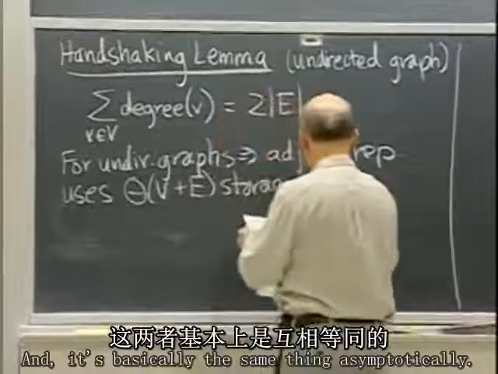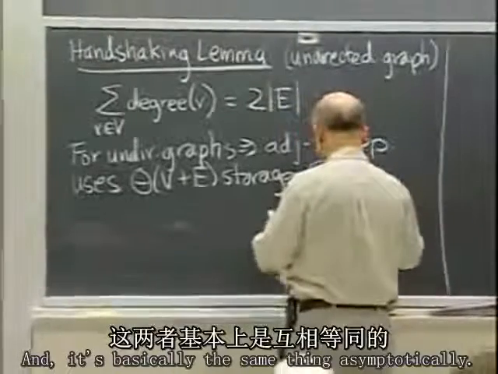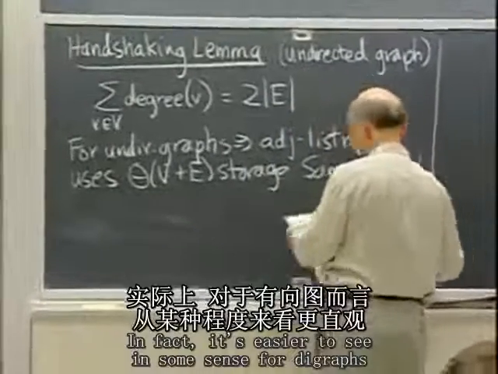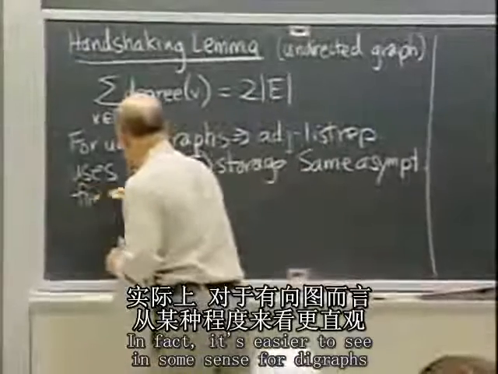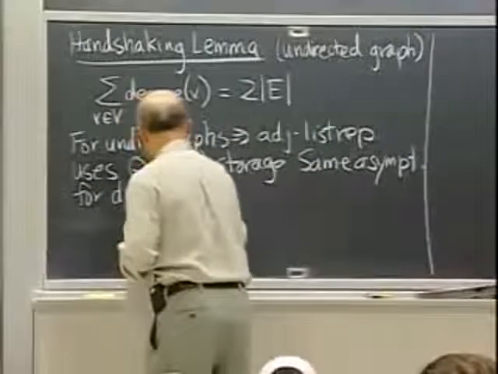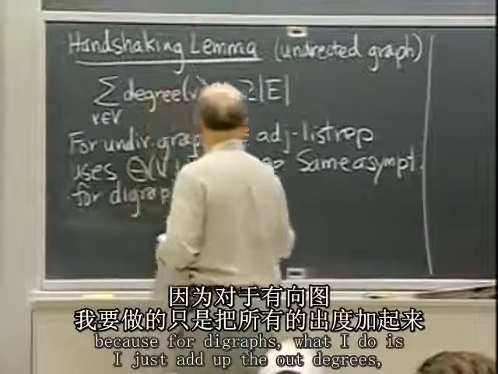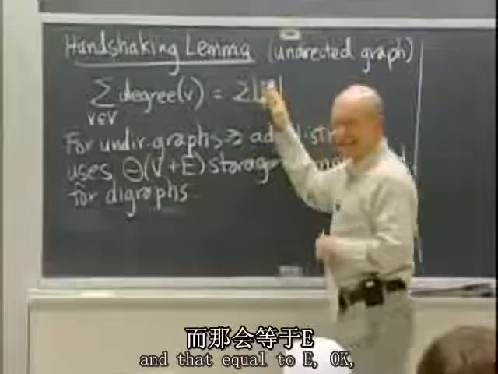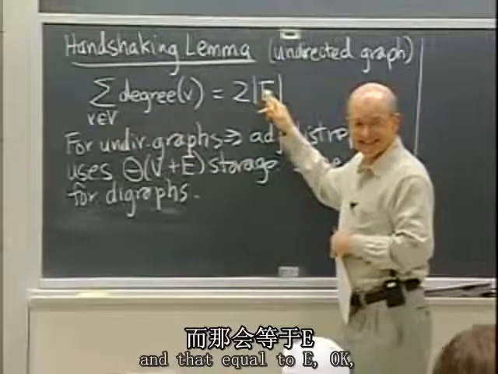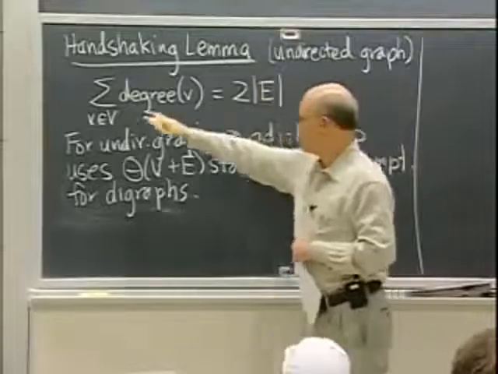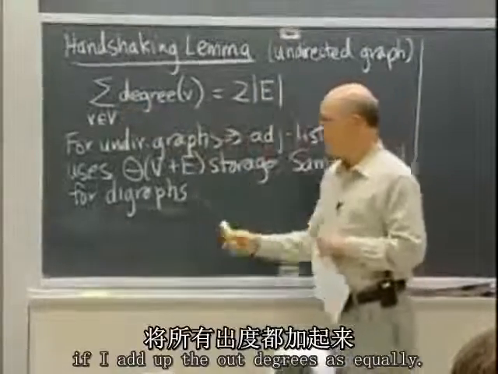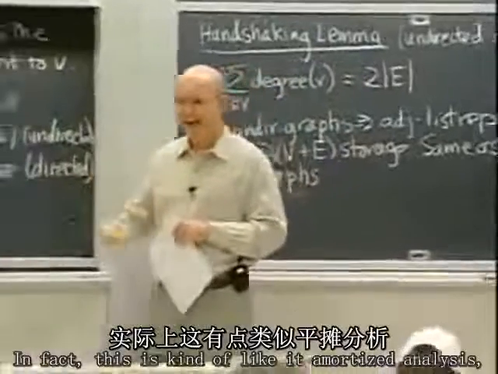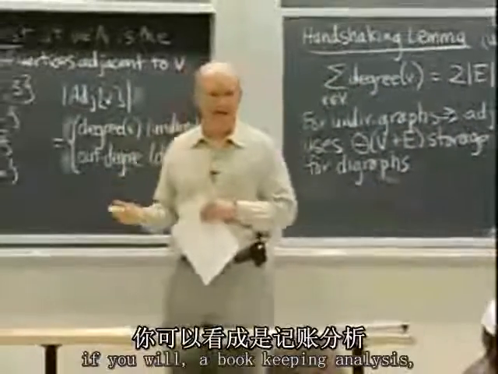And it's basically the same thing asymptotically. In fact, it's easier to see in some sense for digraphs, because for digraphs, I just add up the out degrees, and that's equal to e. In fact, this is kind of like an amortized analysis, a bookkeeping analysis.